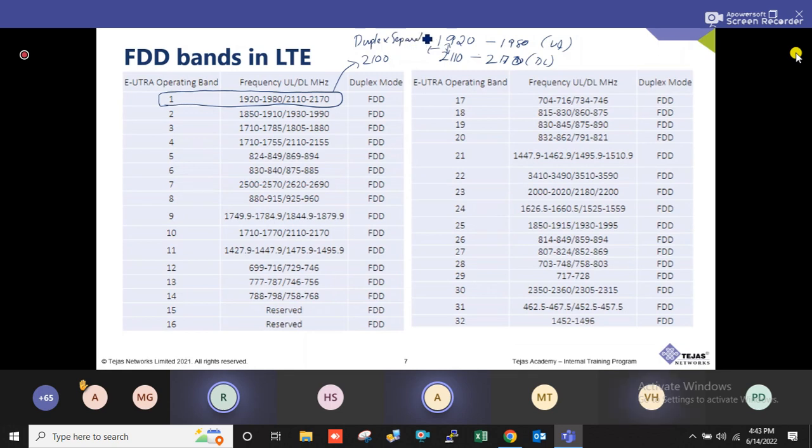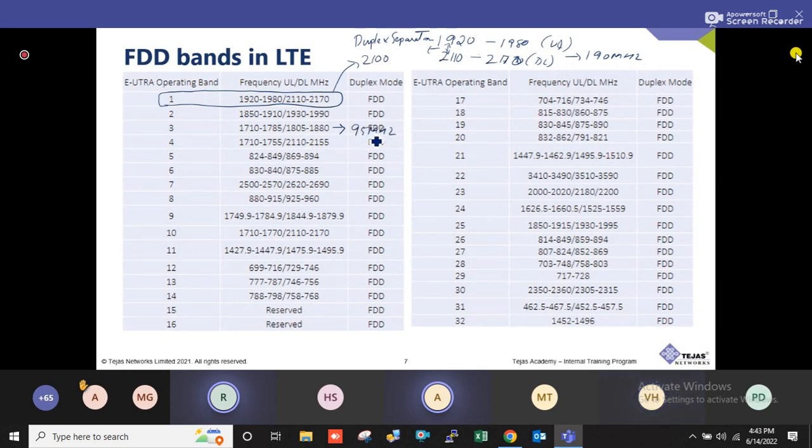Duplex separation. This duplex separation will be high if the frequency is also high. You can see here the duplex separation is around 190 megahertz. But if you look at, let's say, band 3, which is the 1800 band, the duplex separation is somewhere around 95 megahertz.